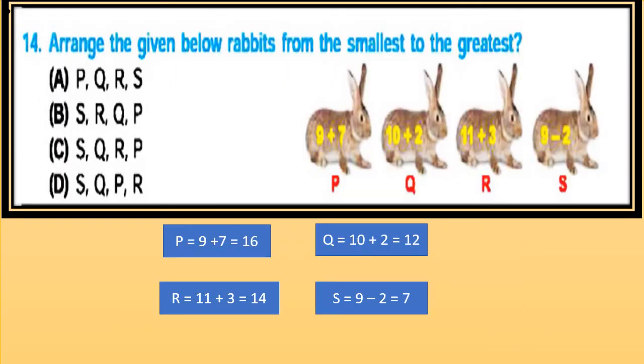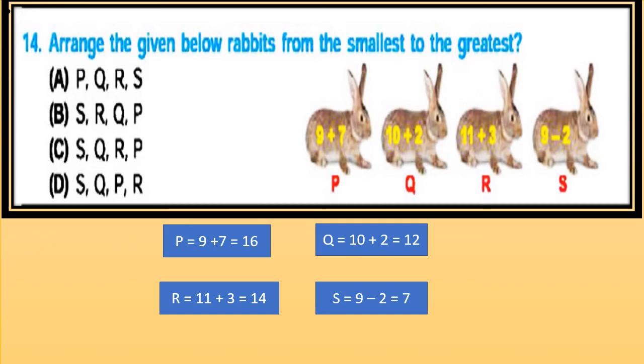Arrange the given rabbits from the smallest to the greatest. Now, in order to arrange the rabbits from smallest to the greatest, we have to solve the equations written on them first. So, P is 9 plus 7, which equals 16. Q is 10 plus 2 equals 12.